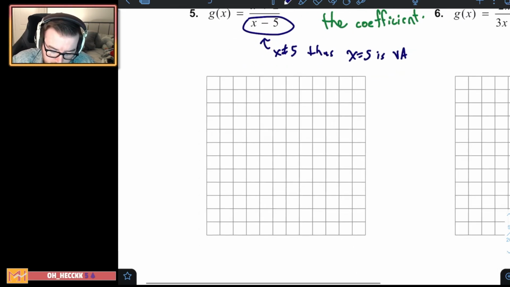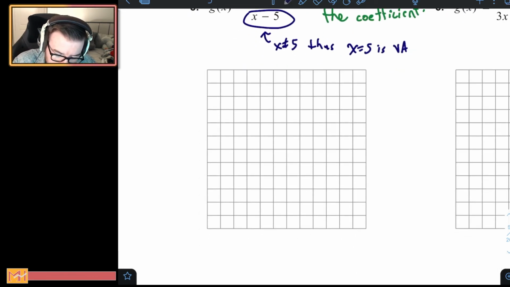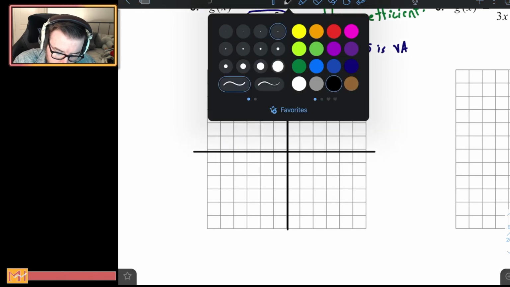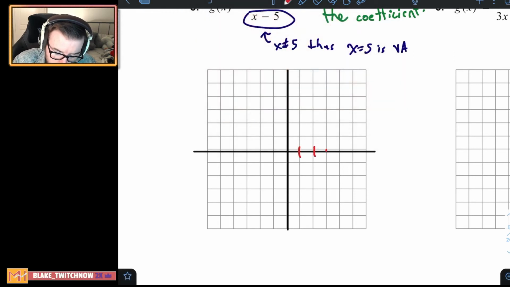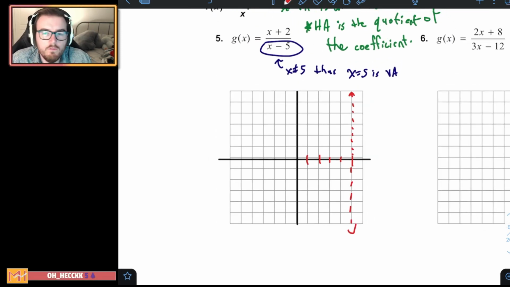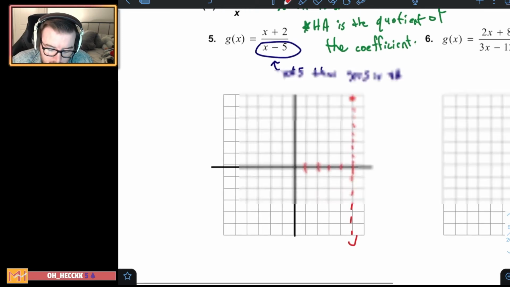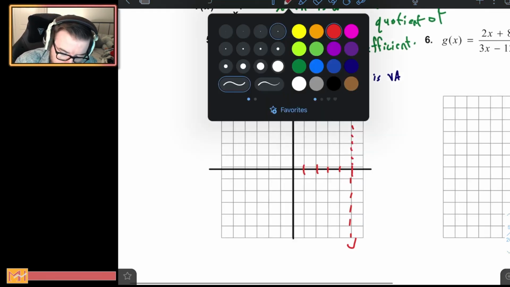That's your vertical asymptote. So if I have my axes here, 1, 2, 3, 4, 5 to the right, x equals 5 is my vertical asymptote. And now, what are my coefficients?